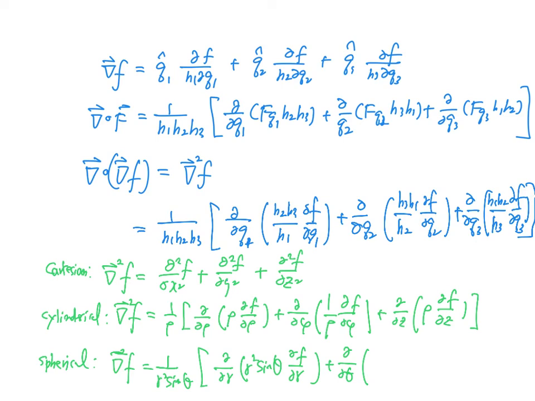So r sine theta divided by r is simply sine theta. Partial phi, r over r sine theta. So 1 over sine theta, partial phi, partial F. That's it. So we have expression for Laplacian.